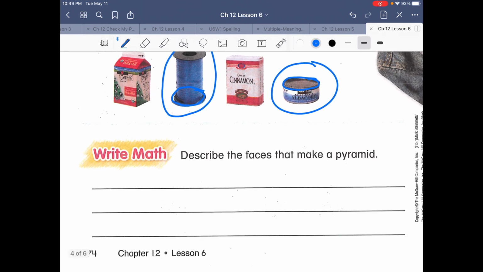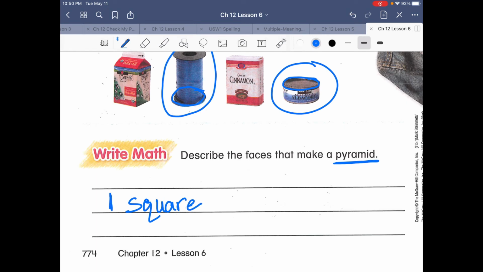All right. The right math, describe the faces that make a pyramid. Think of a square pyramid. So you have your square for your base. Square. And there's only one of those.